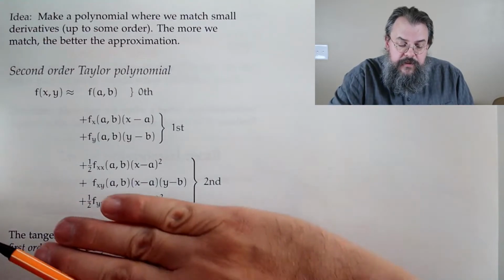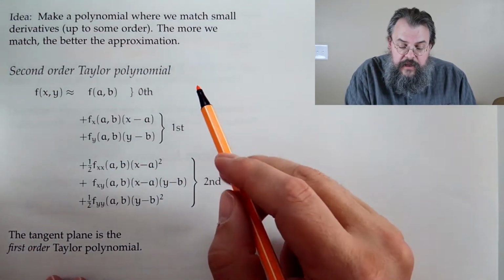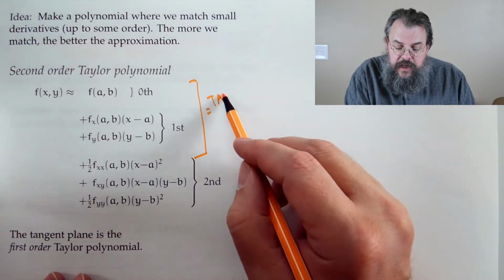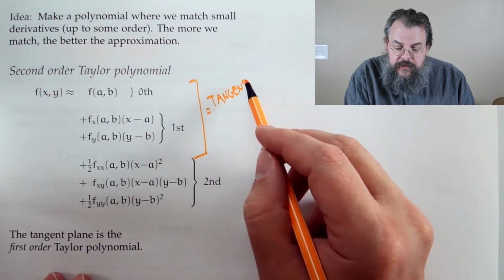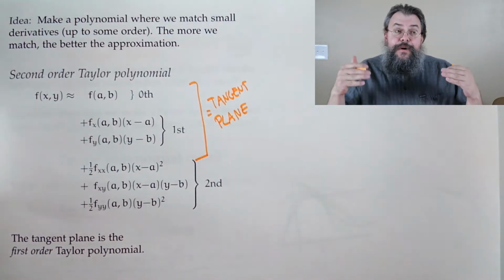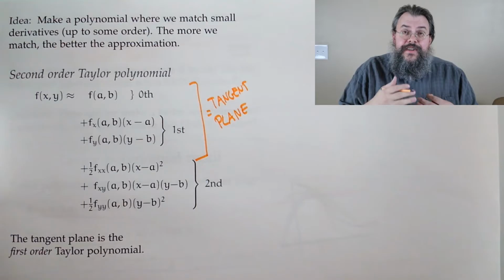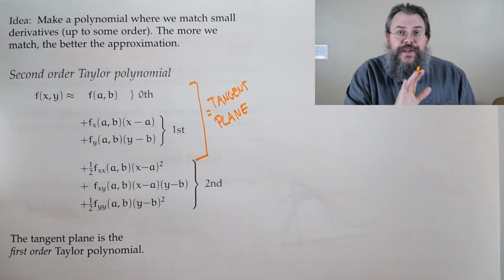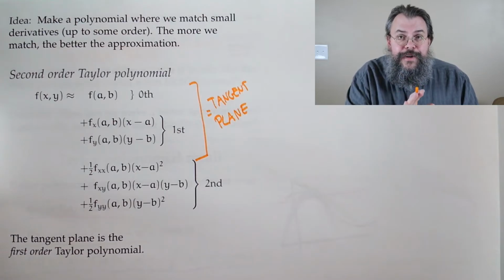And notice if we stop here, this part right here is called the tangent plane. So you can think of it as a similar thing: the tangent plane is a Taylor polynomial, just like the tangent line is a Taylor polynomial. But now we're going to push a little bit further.